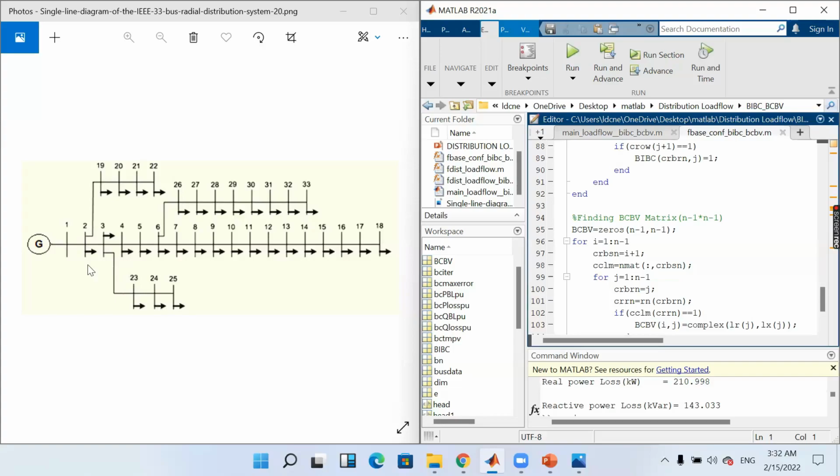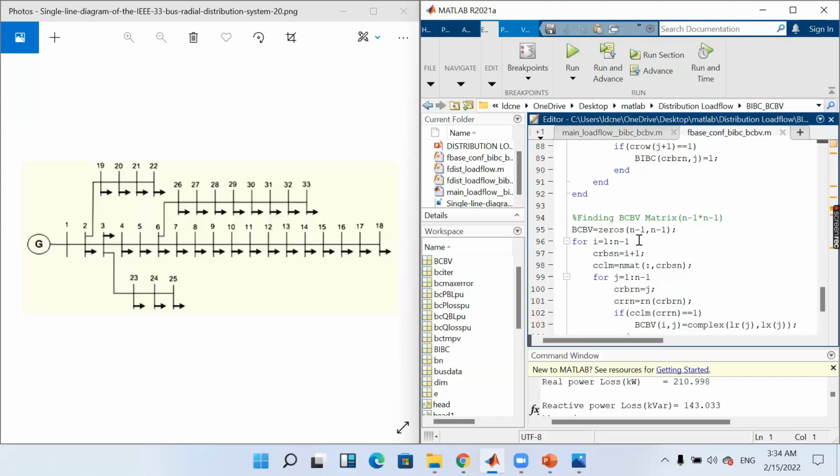The corresponding branch can be found by considering the remaining buses as receiving end buses and finding the corresponding branch of that receiving end bus. So we have to run the loop from 1 to n minus 1. Here we have to run the loop from 2 to n, which we can get easily by adding 1 to this loop, that is from 1 to n minus 1.